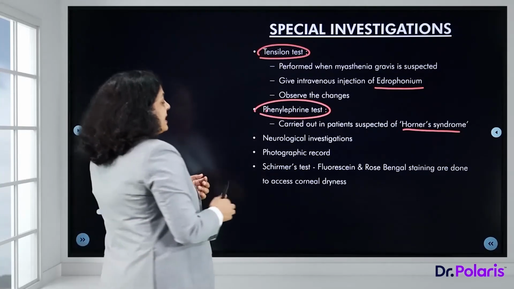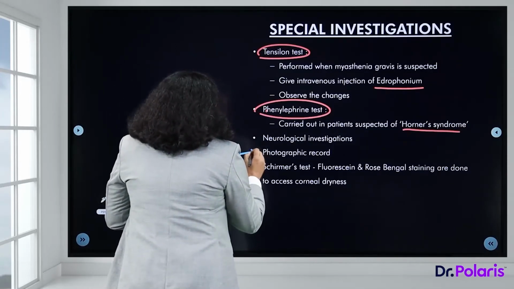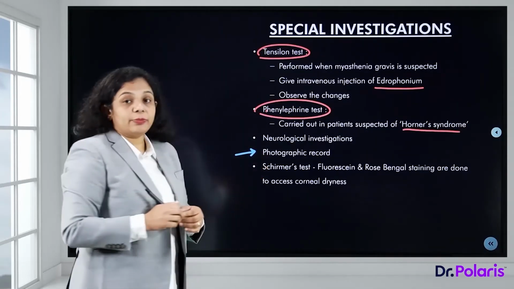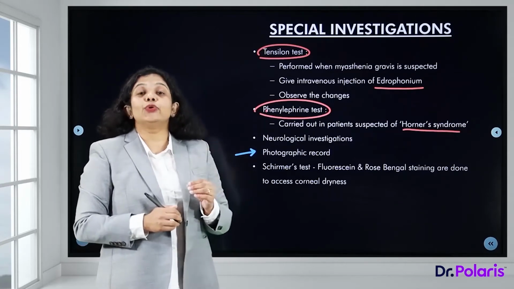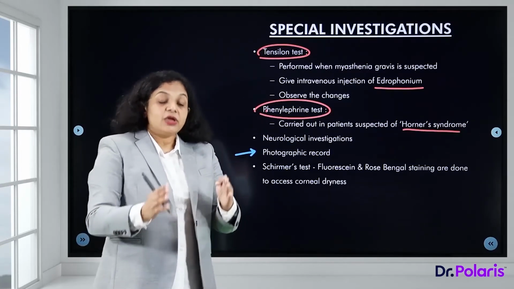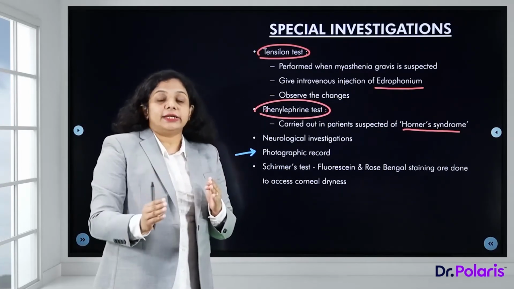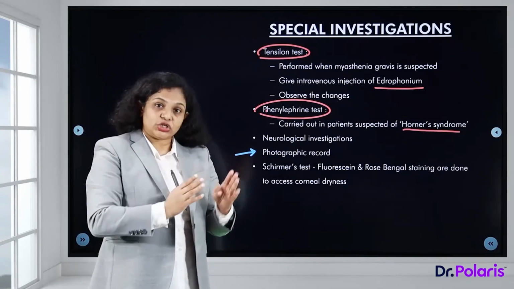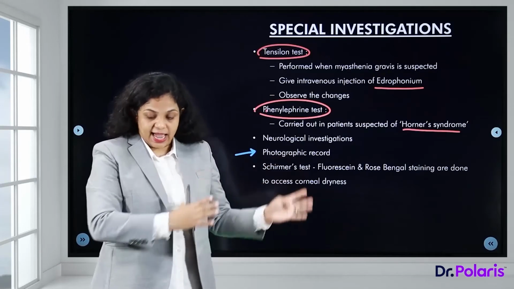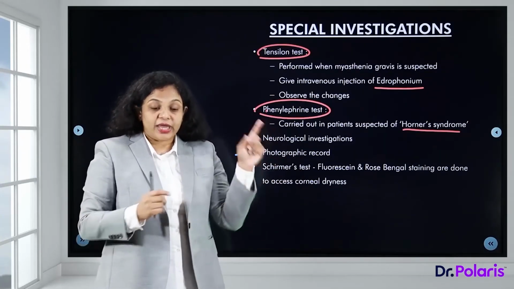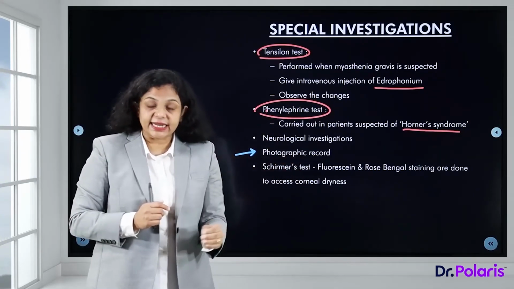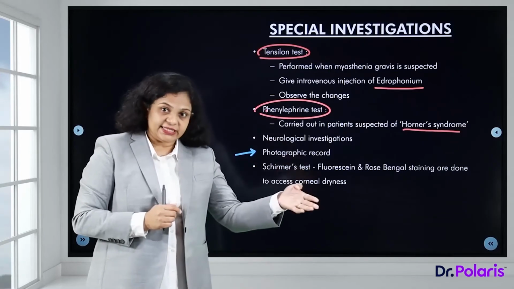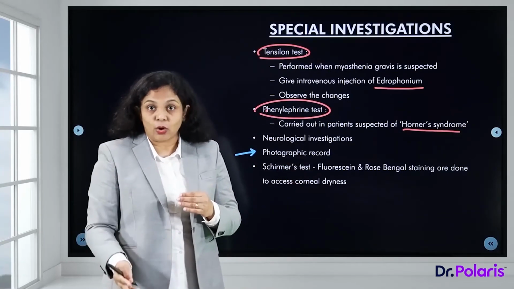In addition to this, whether it is a child or an older person, we ask them for a photographic record. From the time they started noticing the ptosis, we ask them to bring pictures from before that time and during this duration. We are trying to see if there is an increase in the ptosis, when it started, and when it became very obvious.